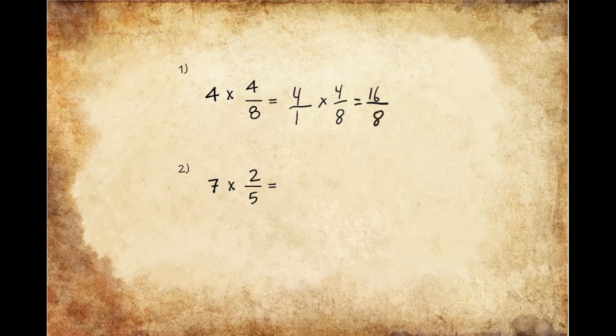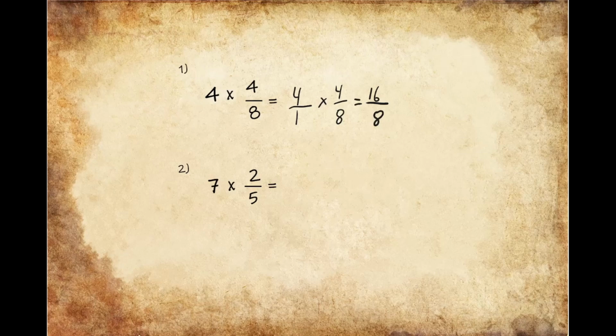But I can't just leave this like this because this is an improper fraction. An improper fraction is whenever the numerator has a greater value than the denominator. So in order for us to write this properly, the first step is to figure out how many wholes there are in the numerator, or how many groups of 8 are there in 16.